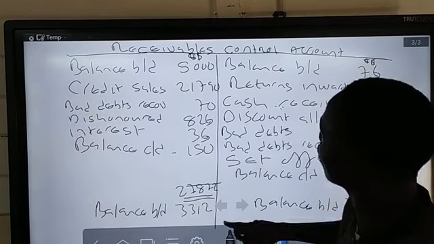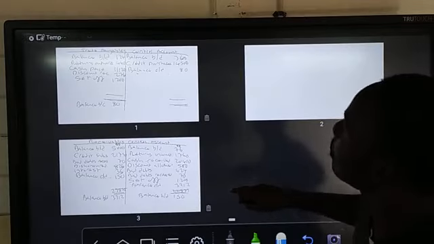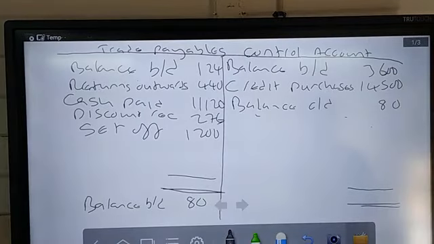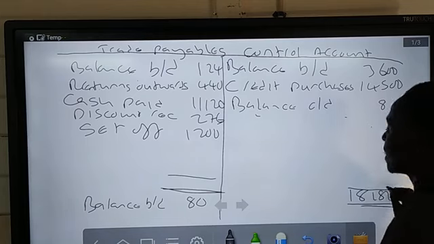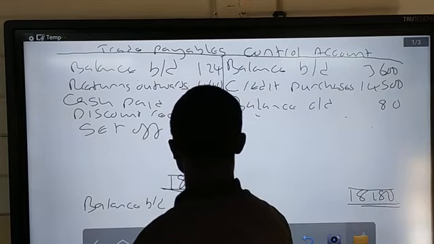3312. Then if we go to the trade payables account, let's just balance it off. The credit will always be greater than the debit in this circumstance. So it's 3.6 plus 14,500 plus 80, we get 18180.